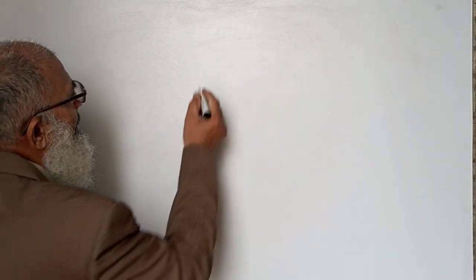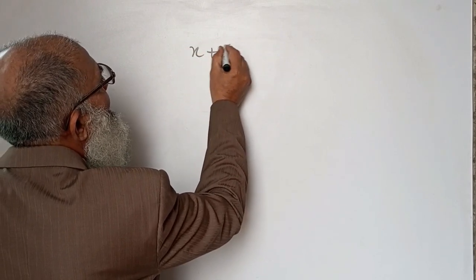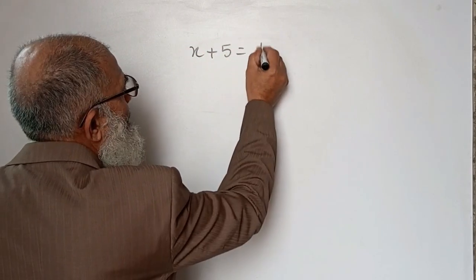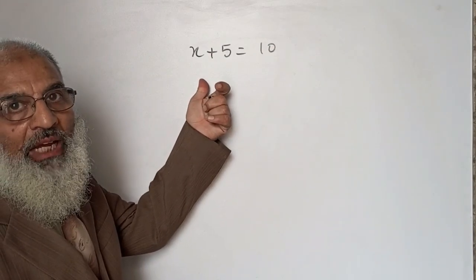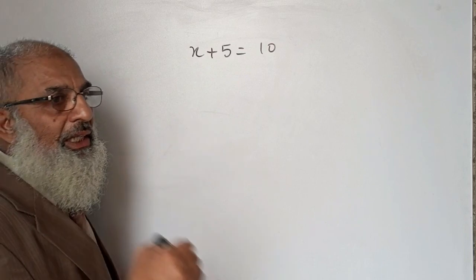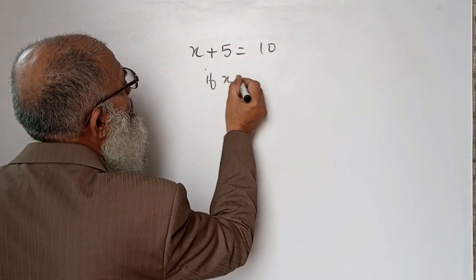Just to recap, suppose it is written like this: x plus 5 is equal to 10. So we have to find the value of x, or we will have to substitute it.